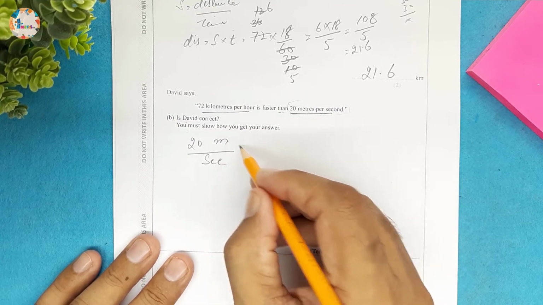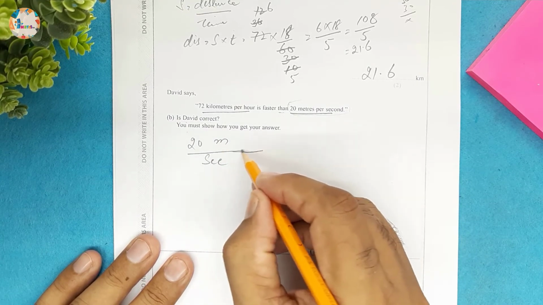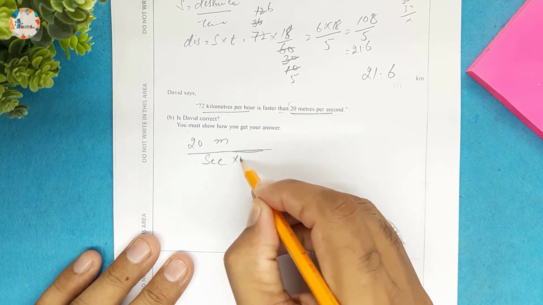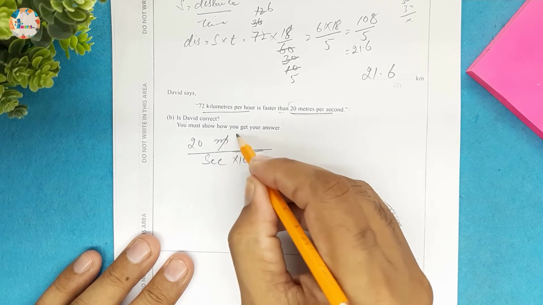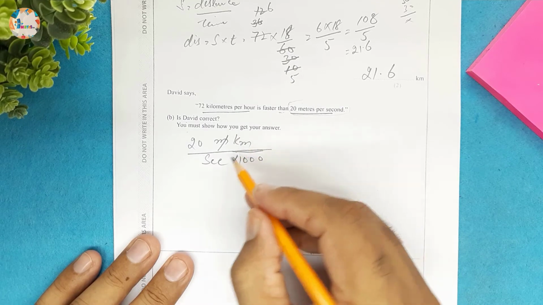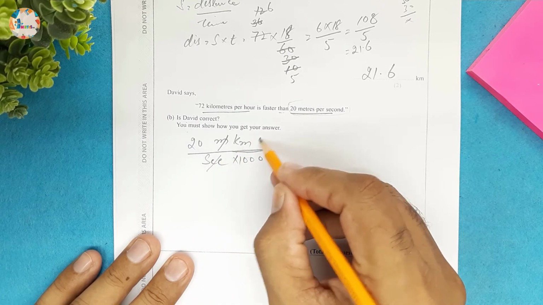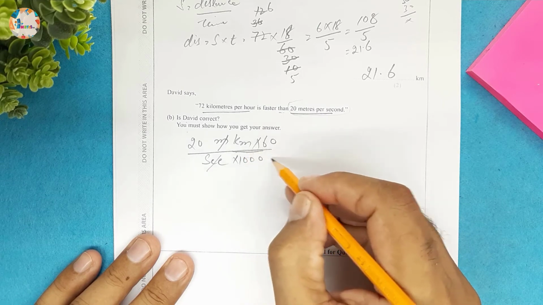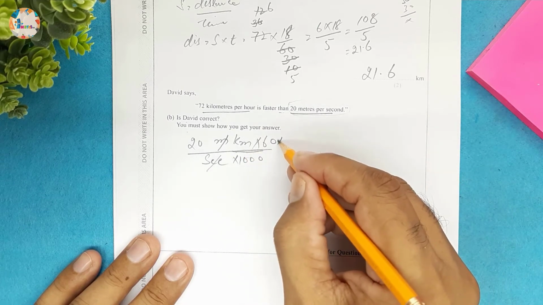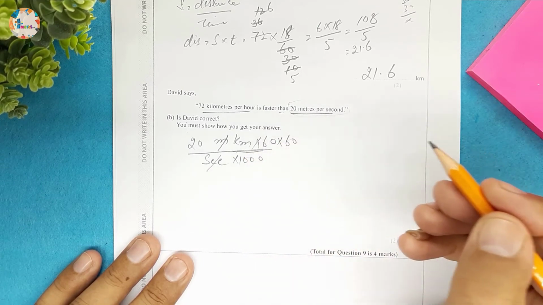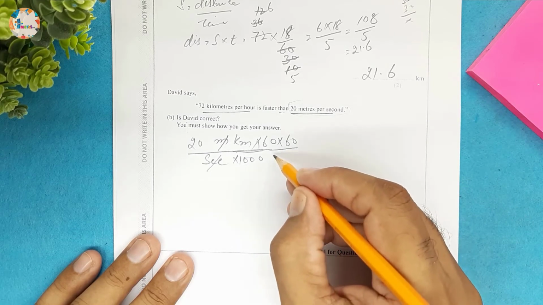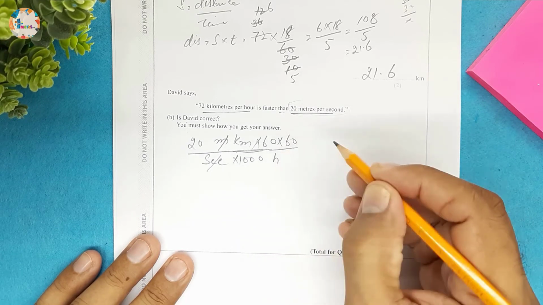Now to convert meters into kilometers, we will divide this by 1000. Now this is kilometers, and to change seconds we will divide this by 60. Now this is basically minutes, and further 60, this will be hours.